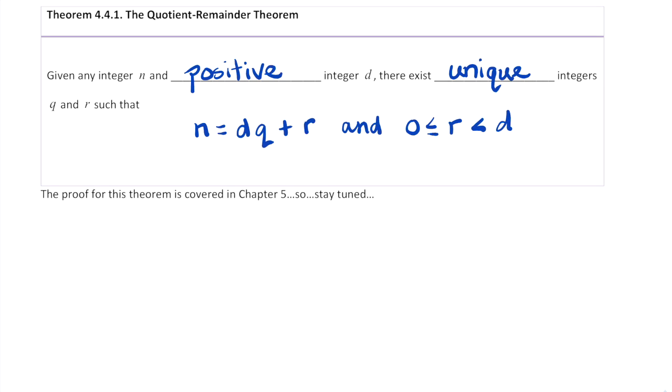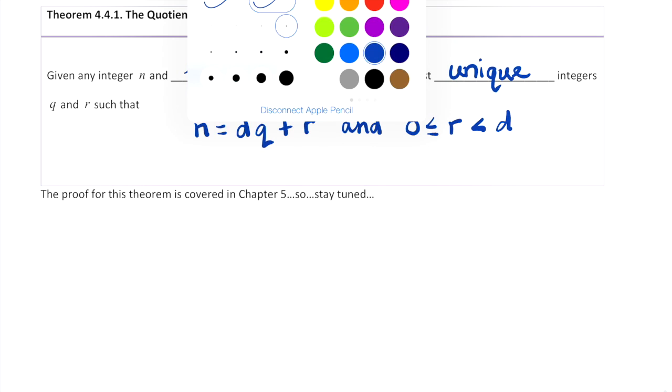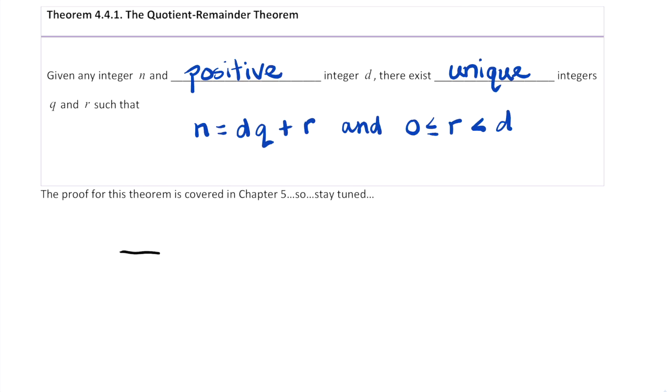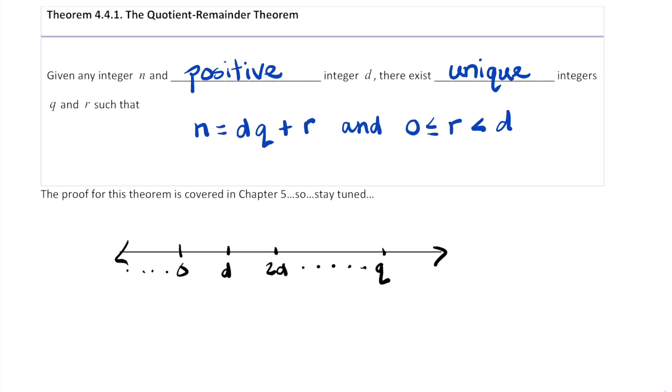To get a big picture idea, make a couple of number lines. The positive end is pretty easy to see. Got a number line starting at 0, with numbers going to the left of 0 as well. Let's say this is 1D, here we have 2Ds, and so on until you get to some amount of QDs.